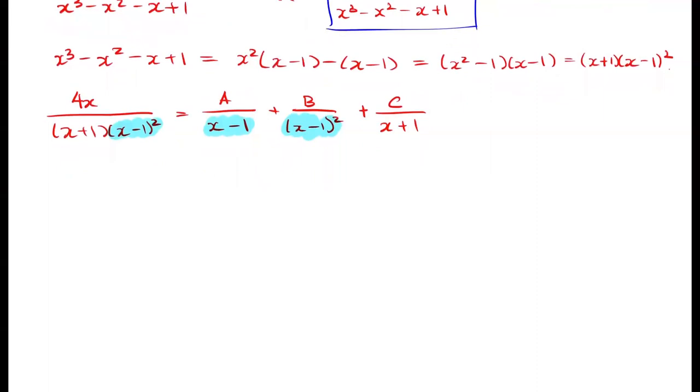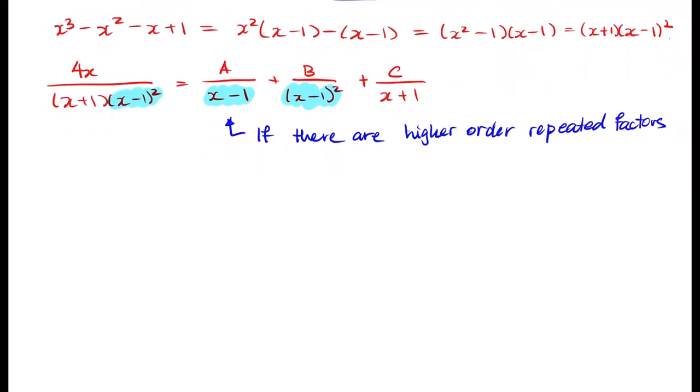So in general, if there are higher order repeated terms or repeated factors, then we say that we have an divided by x minus a to the n, plus an minus 1 divided by x minus a to the n minus 1, and you would just keep on going.